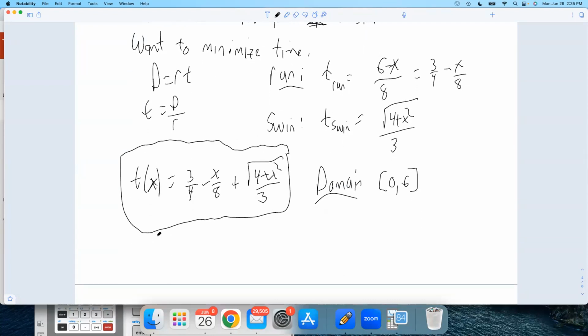So we could, right now, if we wanted to, go ahead and find T of 0, literally just plugging a 0 in here. That's a 0, that's a 0. That is 1.42 hours. I've already calculated it. That's how long the trip would take you. And I could plug in a 6, literally just plugging in a 6 for all your x's. You could check this on your own: 2.11 hours.